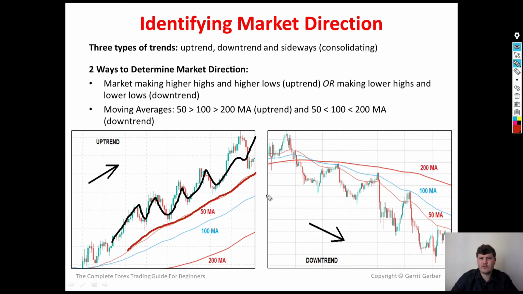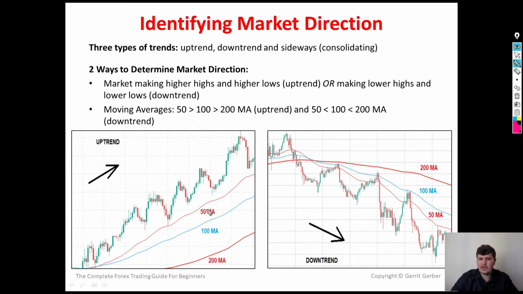This is called the 50 moving average, and over here it's a smoothed out representation of this move as well. And here's another one, the 100 moving average, and the 200. As you can see, all of these moving averages get smoother and smoother the larger they become.